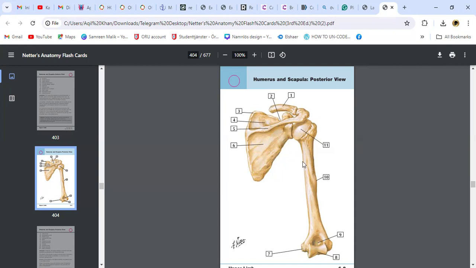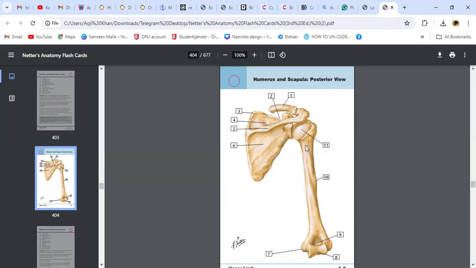Right, I already told you about fractures of the surgical neck of the humerus, and I told you in the previous picture that the surgical neck of the humerus is below the lesser tubercle of the humerus.